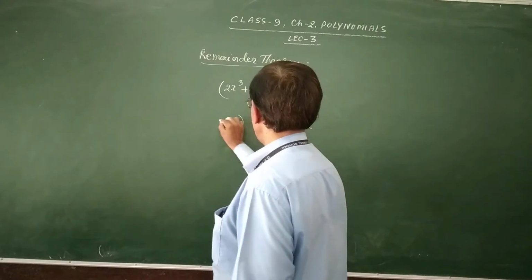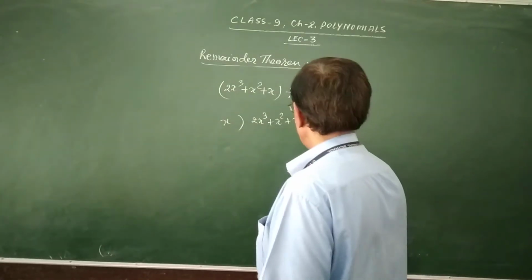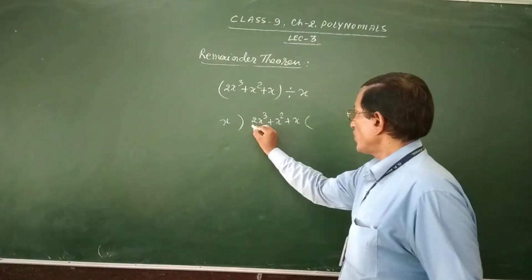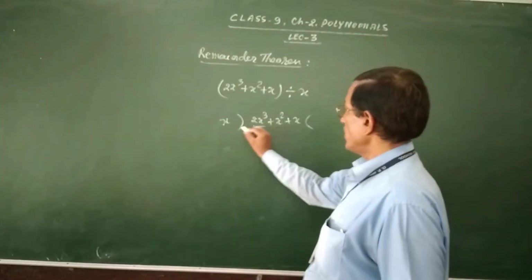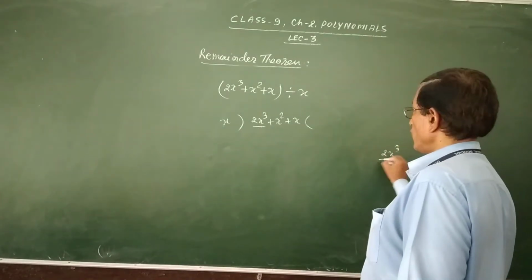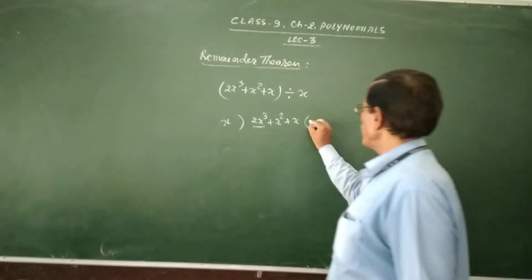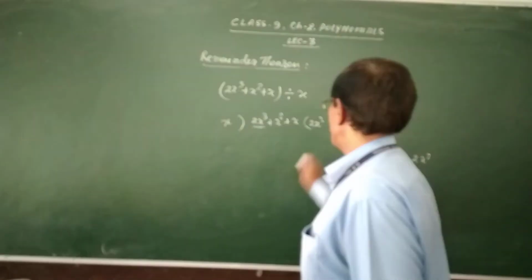If it is divided by x, then how many times can we divide? First term is divided by this first term. That is, if we divide 2x cube by x, then it will be 2x square. So in 2x square times we can divide.